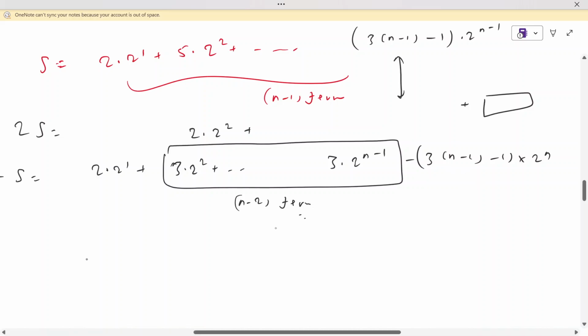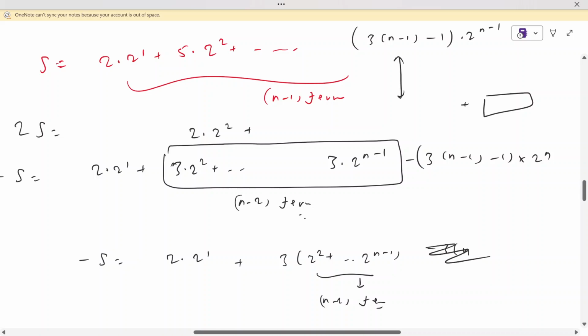So what I'm getting is minus S is equal to 2 into 2 to the power 1 plus 3 into 2 to the power 2, and so on and so forth, till 2 to the power n minus 1. This is n minus 2 terms, and minus is transferred on this side. So take minus 3 times of n minus 1 minus 3n minus 5 into 2 to the power n.